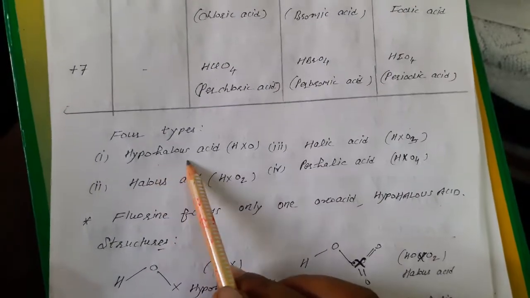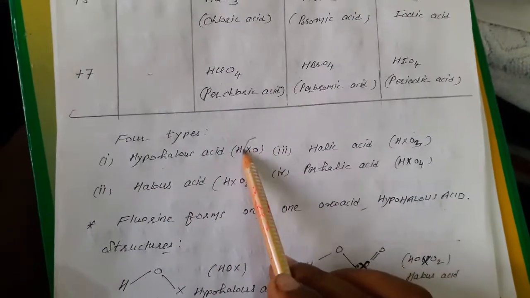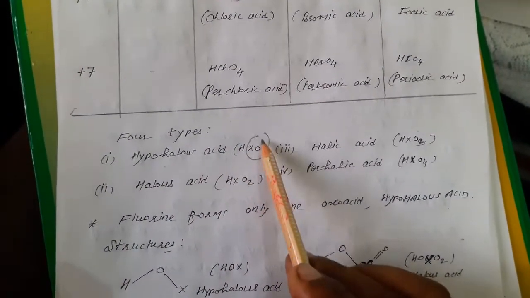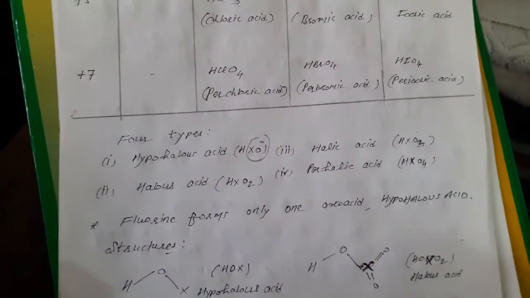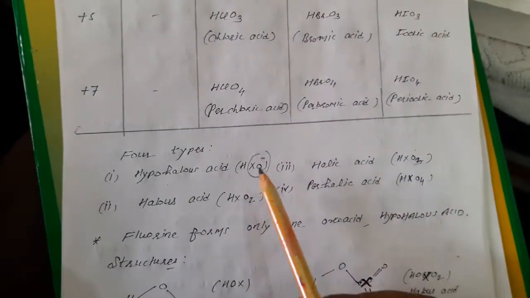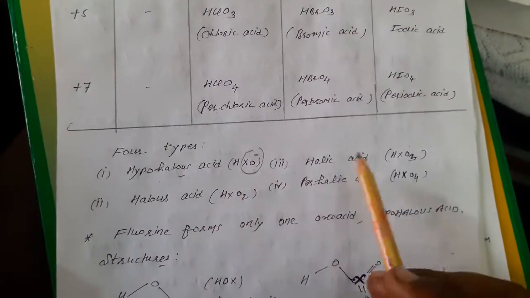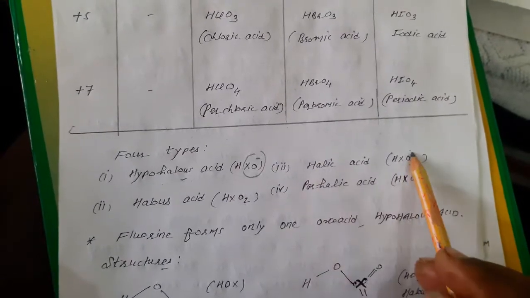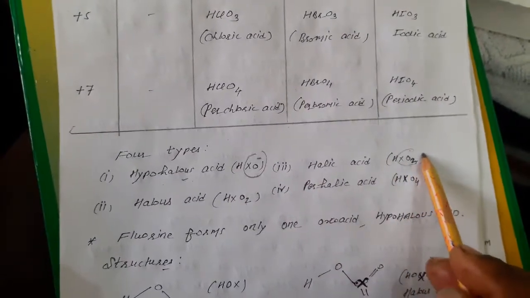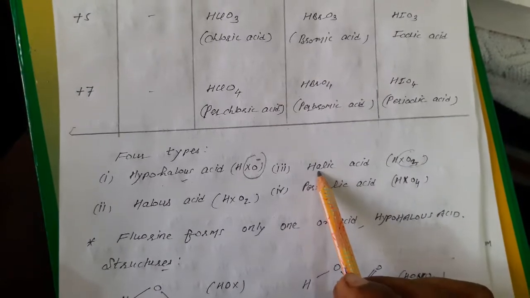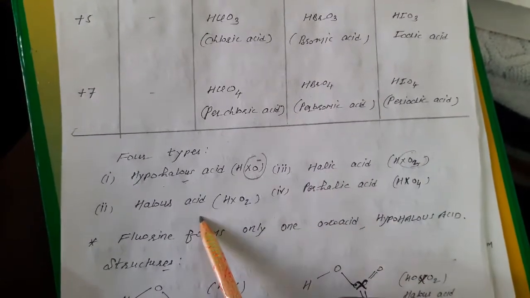First is hypohalous acid, and the ion after removing hydrogen, that ion we say hypohalite. Where there is halous, there we have to use halite. And for halic acid, the ion after removal of hydrogen we say halate.